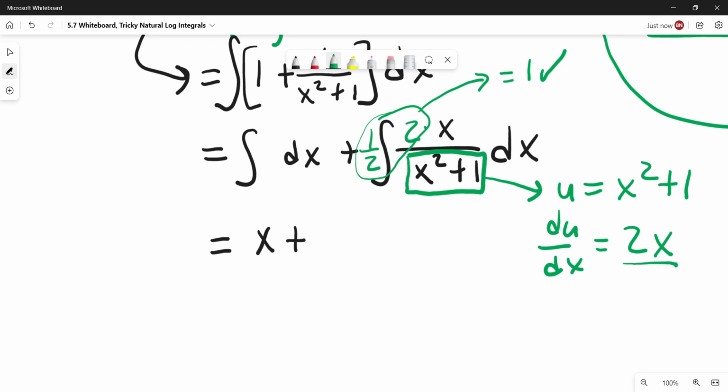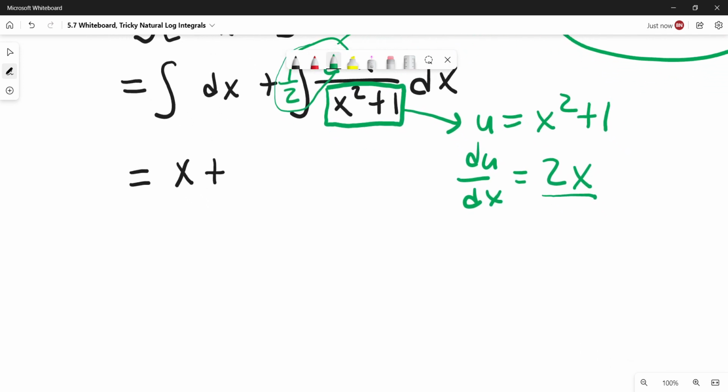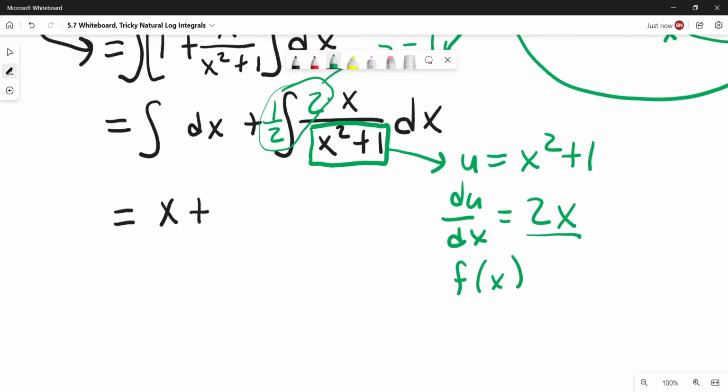So our f of x, our outside function: what's being done to the inside function? The inside function is x squared plus 1. If we ignore the 2x from the du/dx part, what's being done to it is 1 over blop. The 2x is the u prime part, so what's being done to the x squared plus 1 is 1 over that thing in the integrand.